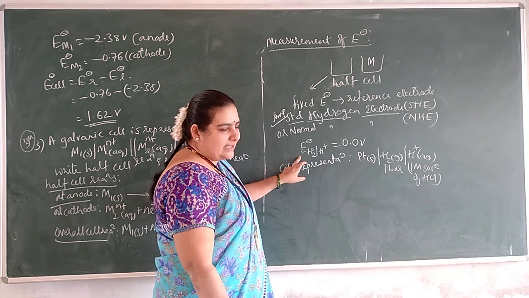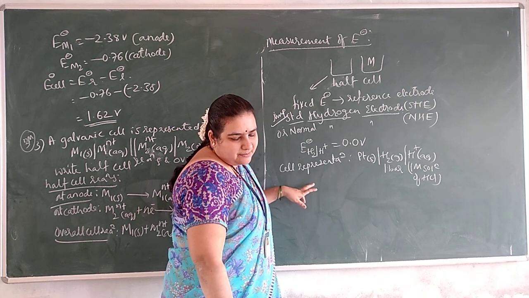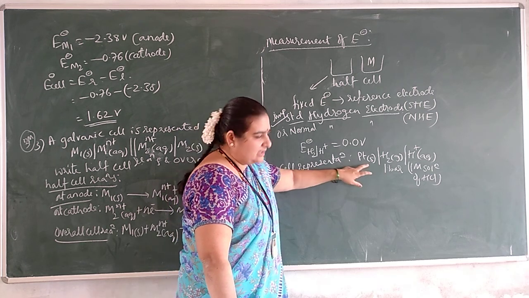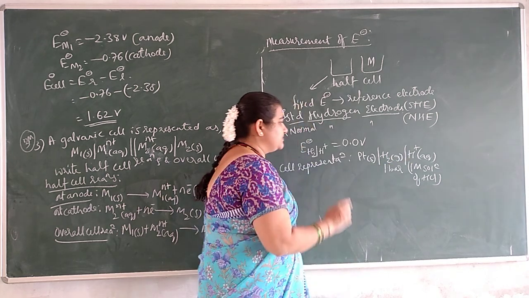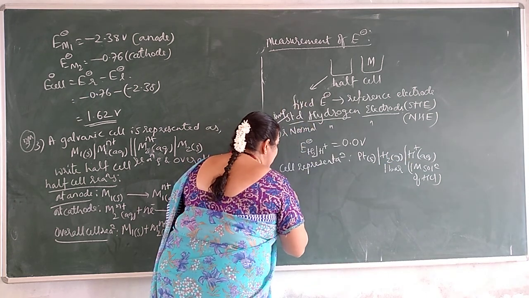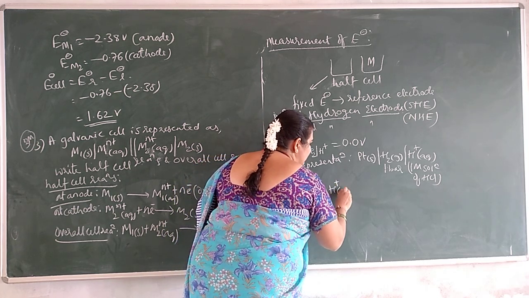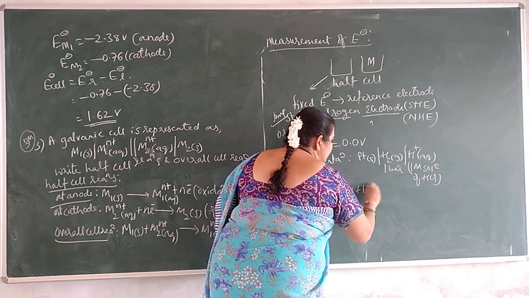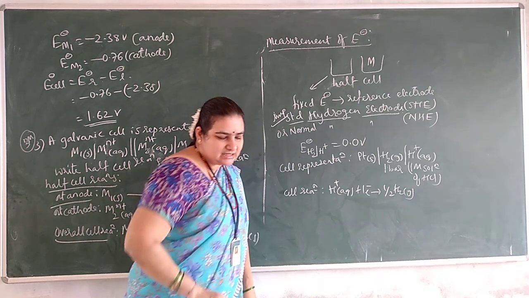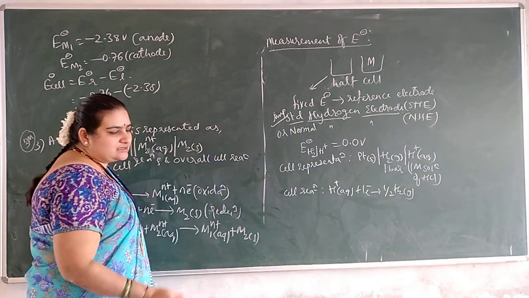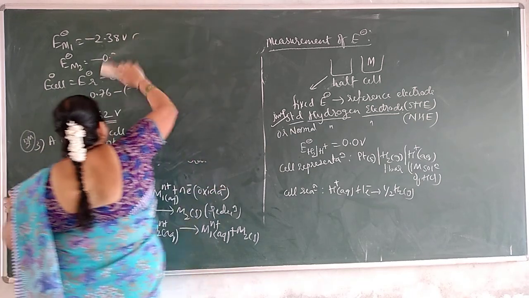It has an electrode potential of 0.0 volt, and the cell reaction is H plus aqueous plus 1 electron giving rise to half H2 gaseous.